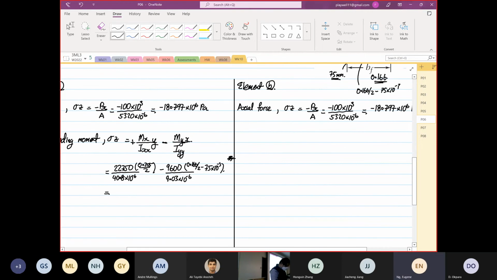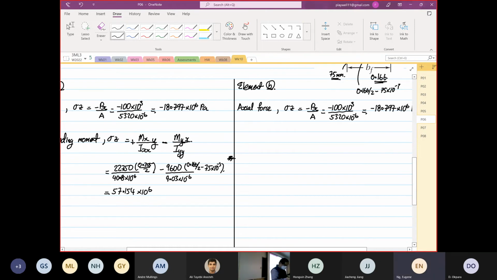So this will be equal to 22750 times 0.205 divided by 2 divided by 40.8 times 10 to the power minus 6. So it's 57.154 times 10 to the power 6.